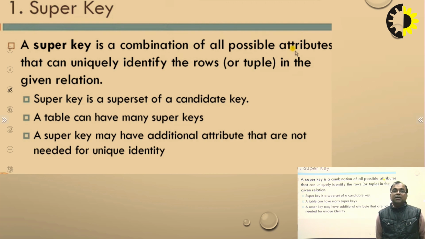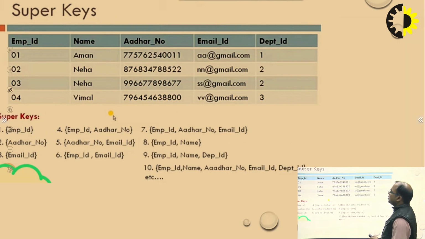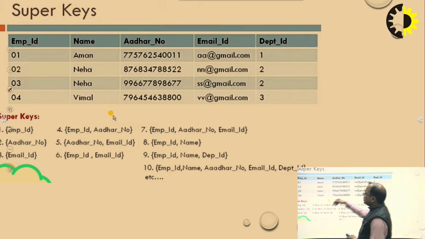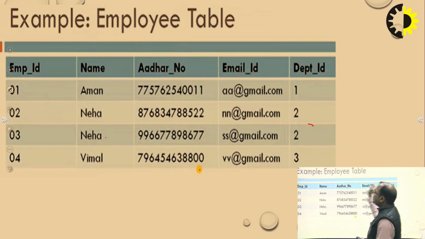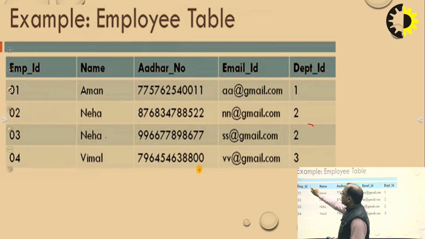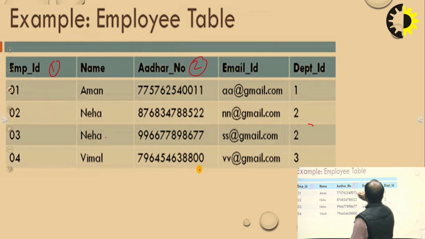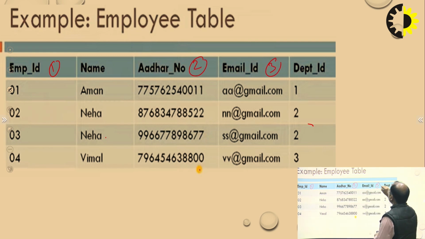So a super key may be a single key or a combination, all possible combinations, as many possibilities as we can find by combining, with which we can uniquely identify. If we uniquely identify the table with any combination, a single attribute may be one key, this one may be another key, but this one may not be a key because it is not uniquely identifying.